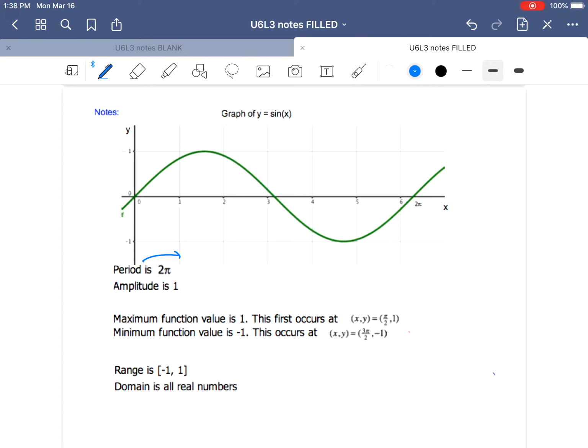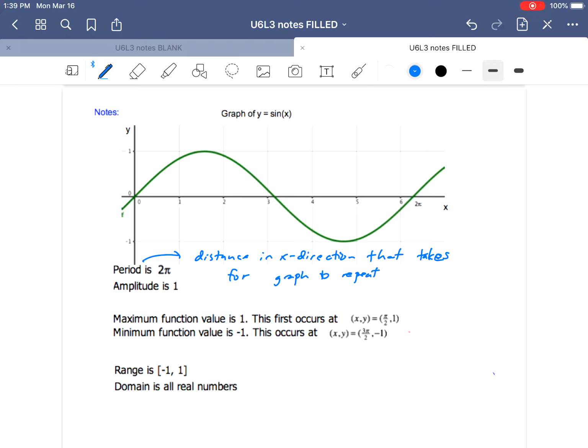The period is the distance in the x direction that it takes for the graph to repeat.